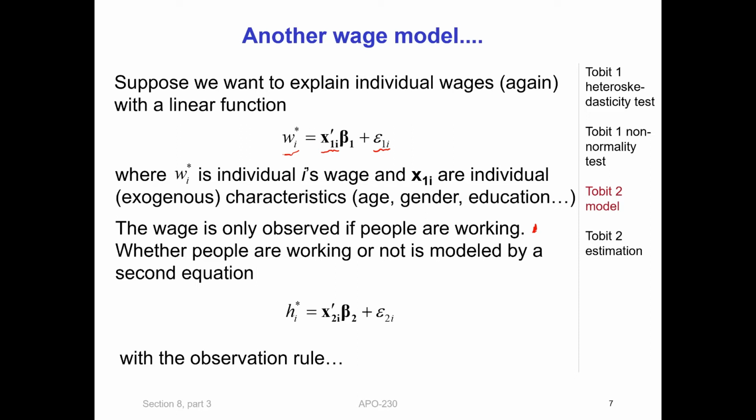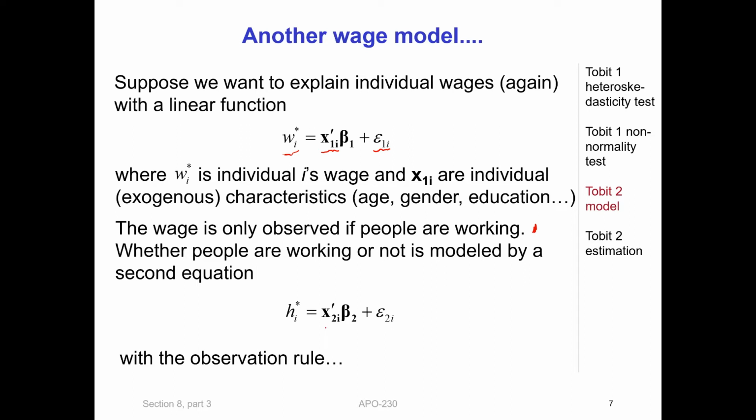However, what makes it different now is that we allow the probability of working or not to be explained by a second equation, which is different from the first one.